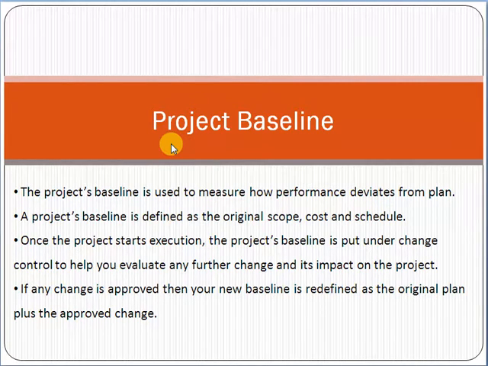Friends, whoever is studying PMBOK project management has definitely heard this topic, project baseline. Please remember that this topic pertains to project management. The definition: the baseline which pertains to the project.